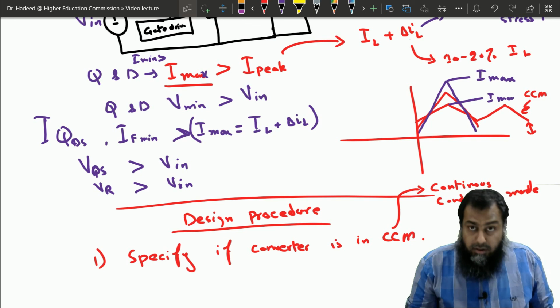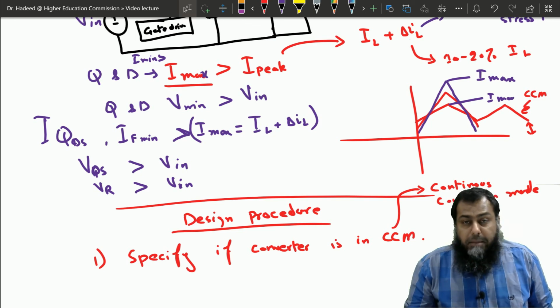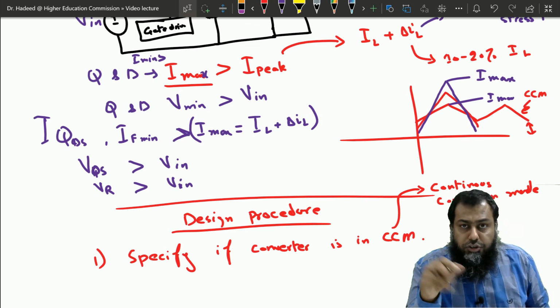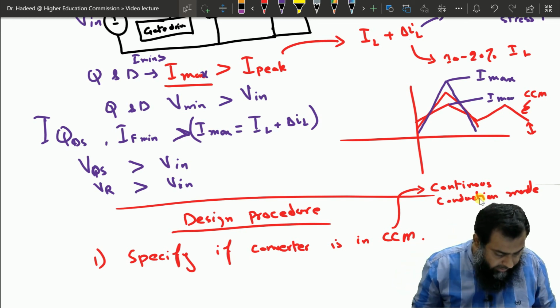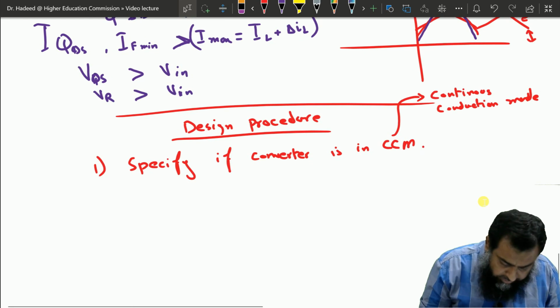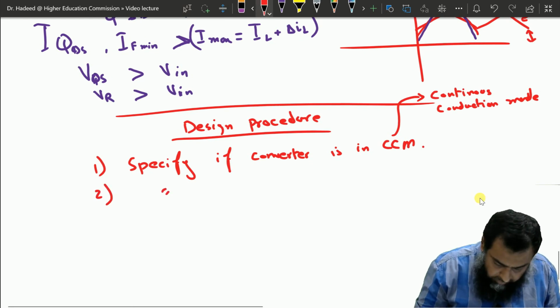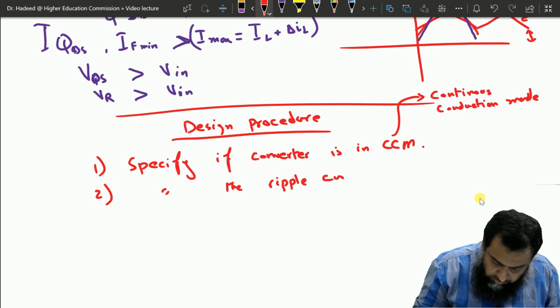And this can be calculated by taking the minimum value of the inductance to ensure that the converter is operating in a CCM mode. The second thing is that we have to specify the ripple current ratio. This is the second step.